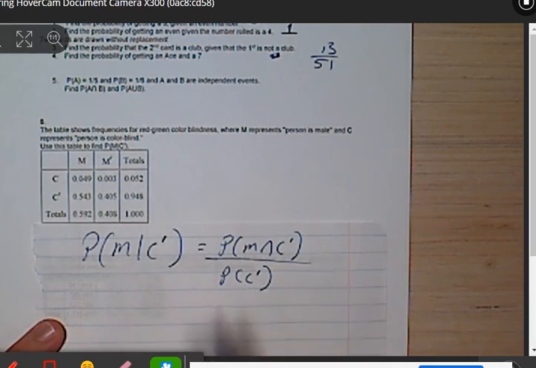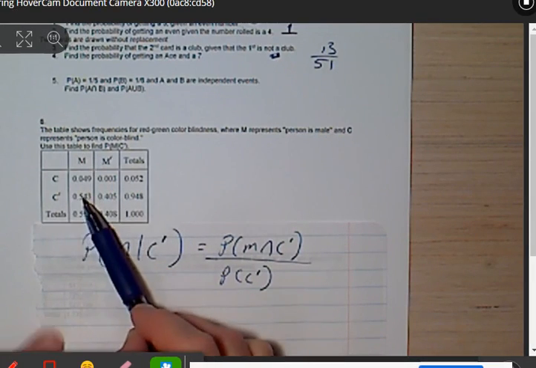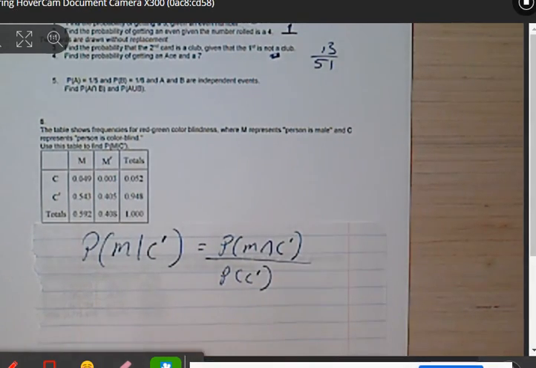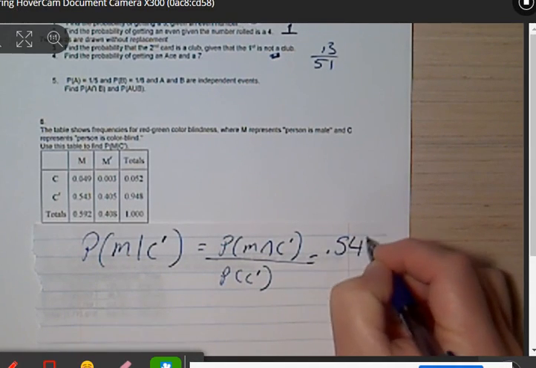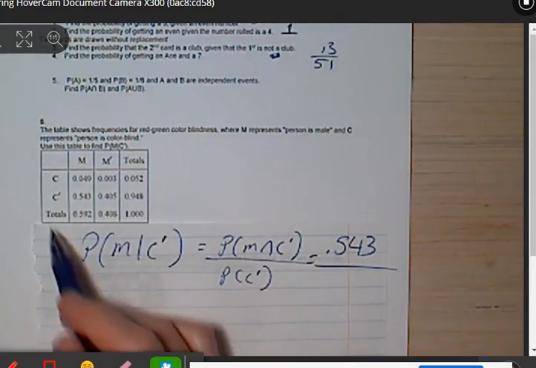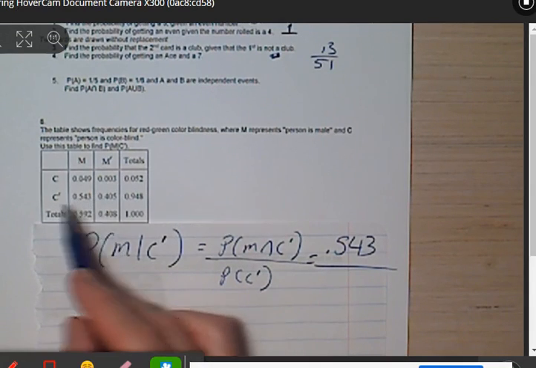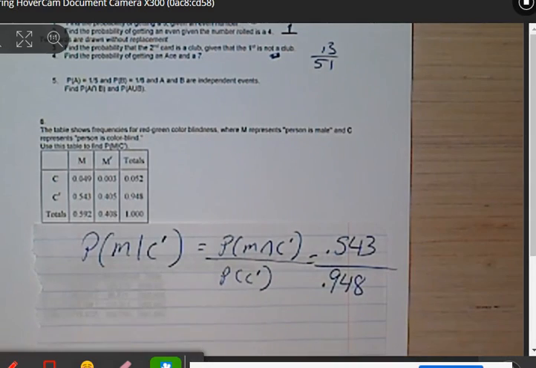The intersection of M and C prime, going back to the chart, here's M, here's C prime, so that's going to be 0.543. And C prime is just the total, so that would be 0.948. And then just divide those two things out.